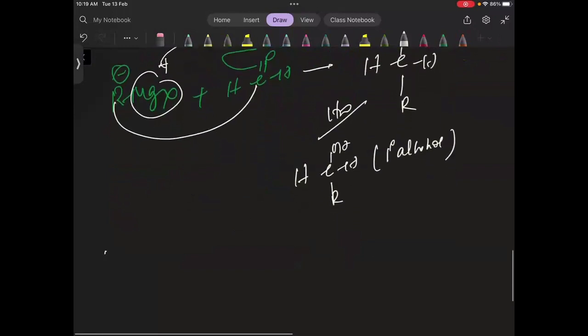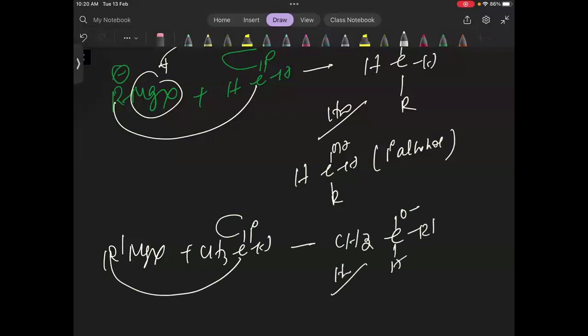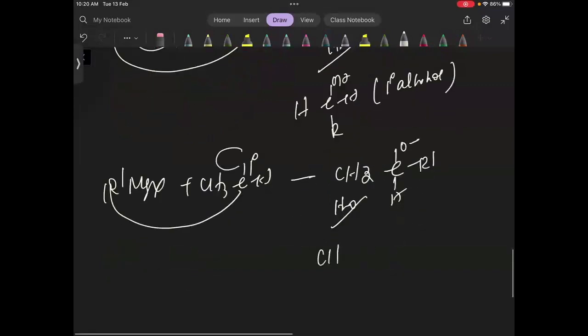Similarly, if we take R dash MgX with acetaldehyde, what is going to happen? That will attack here, and it will form CH3CO negative, H, R dash. After hydrolysis, what happened? It forms CH3COH R dash H, which is the 2 degree alcohol.